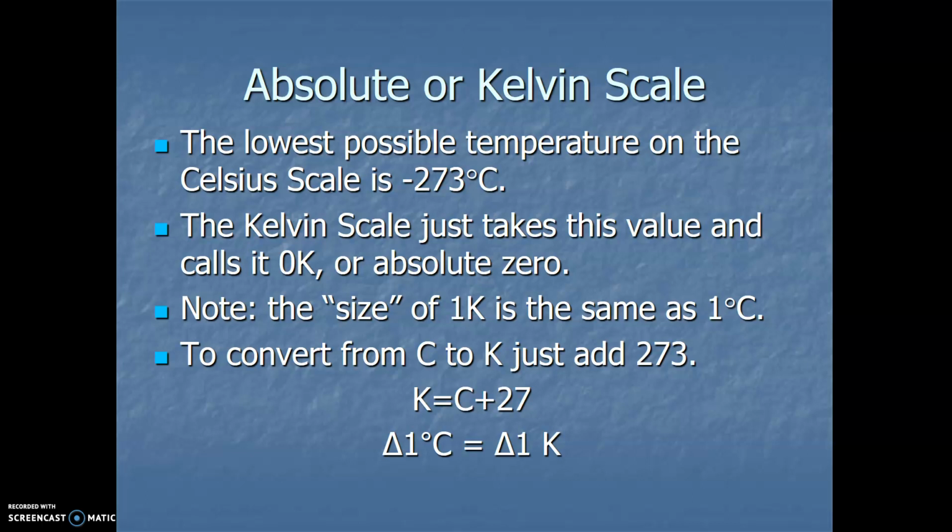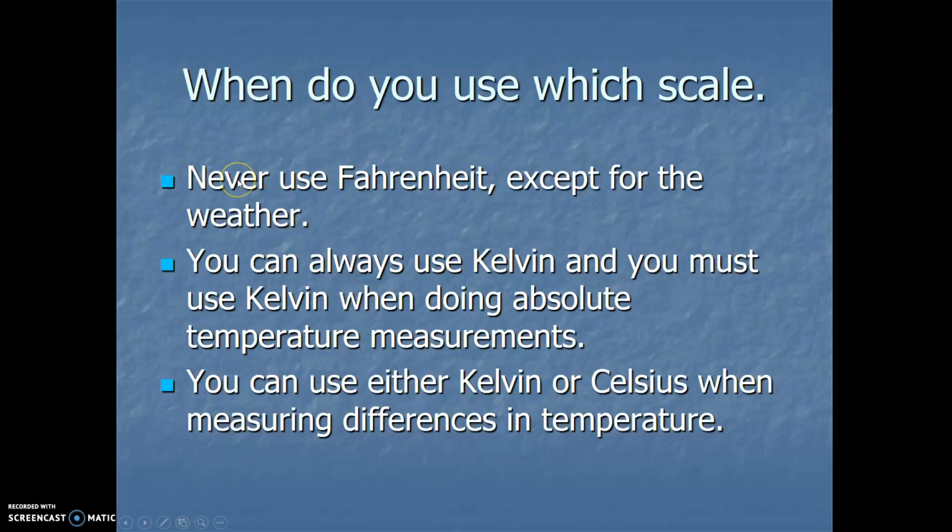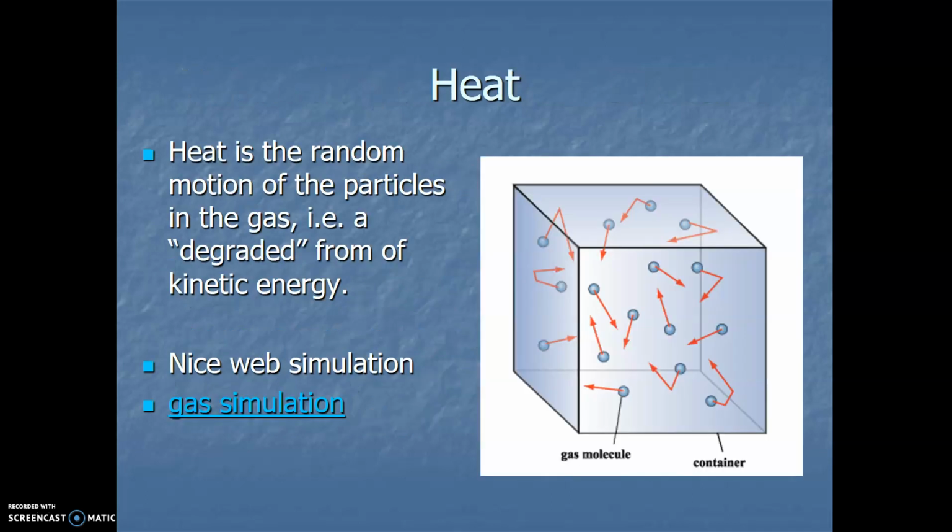Notice that I do not say degrees Kelvin, okay? This is supposed to be 273. I forgot to write the 3 in there. So the Kelvin is Celsius plus 273. We'll never use Fahrenheit except for in weather. You can always use the Kelvin when you're doing absolute temperatures, and you can use Kelvin or Celsius when you're doing differences in temperatures. So let's go into heat.